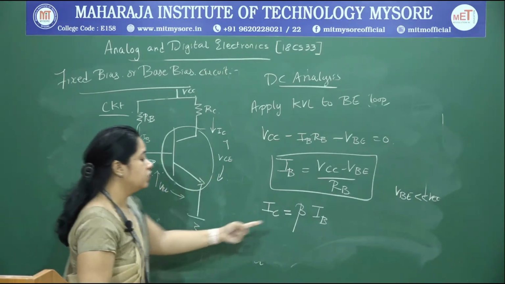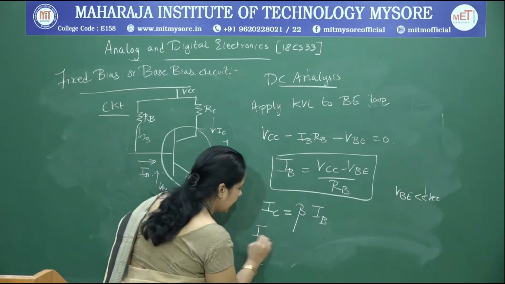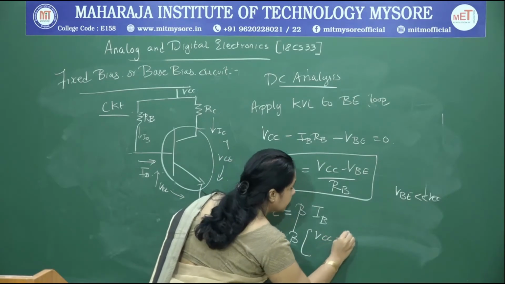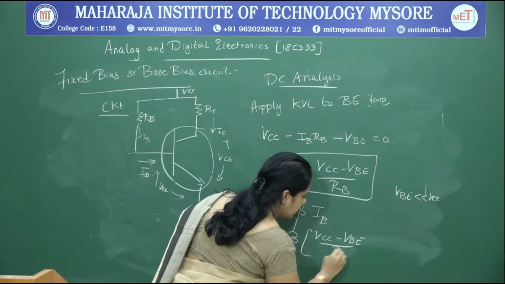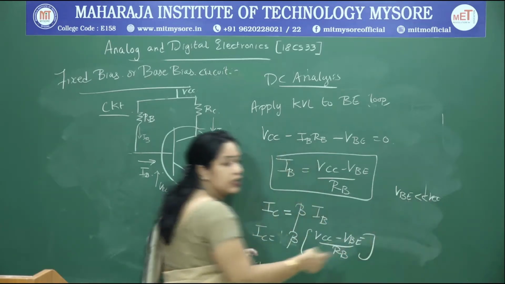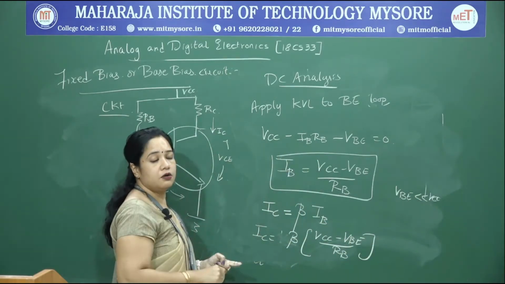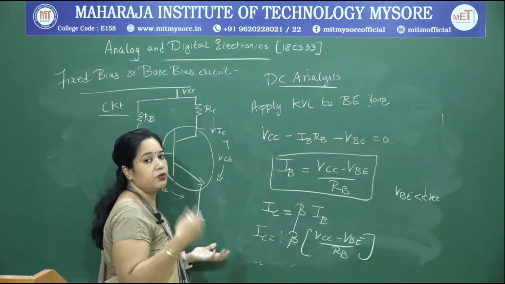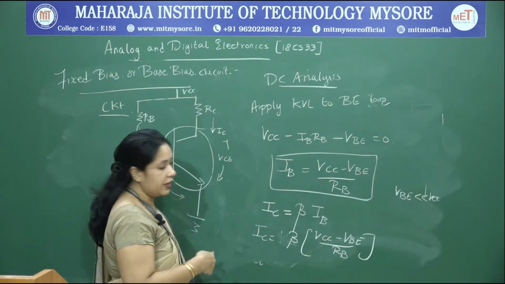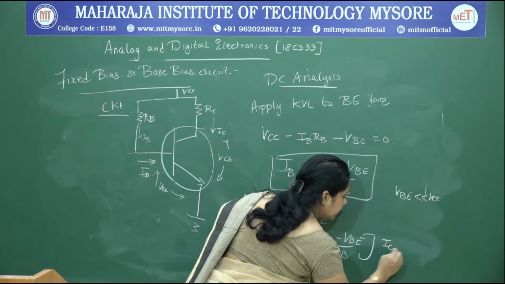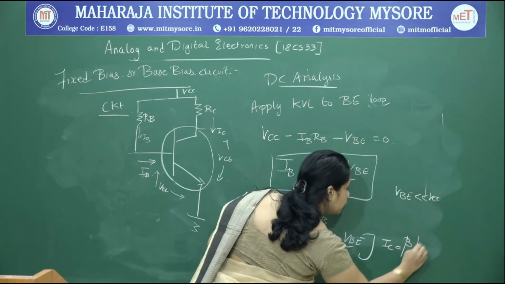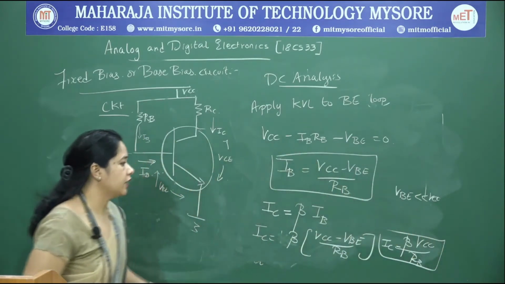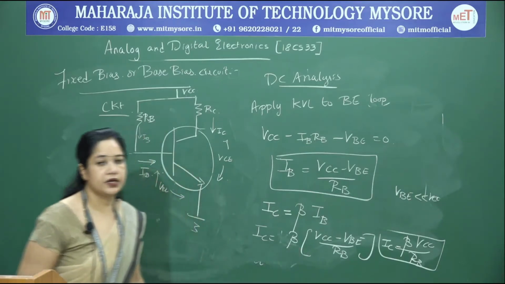If you substitute, IC becomes beta into VCC minus VBE by RB. If you neglect VBE, because it is very small, 0.3 or 0.7 volts compared to VCC, this expression reduces to IC equals beta into VCC by RB.